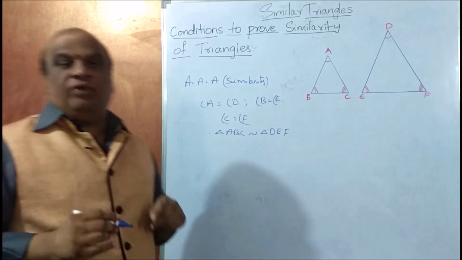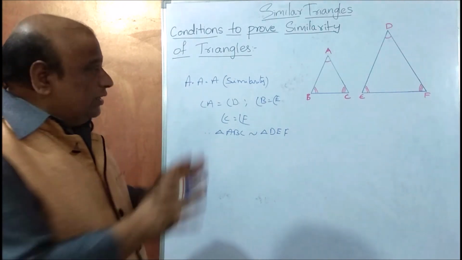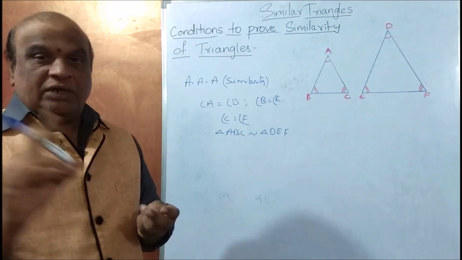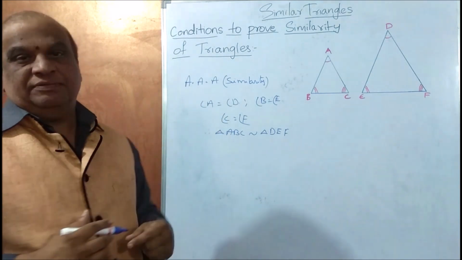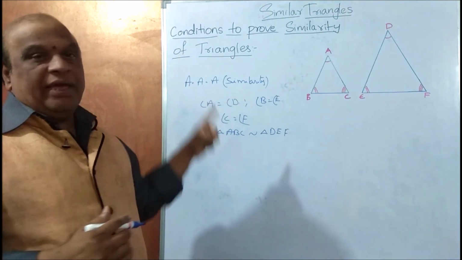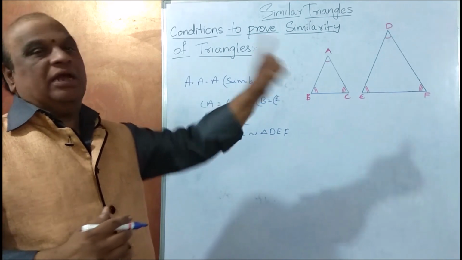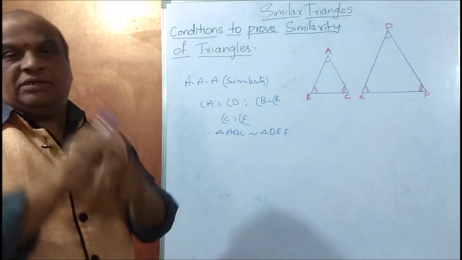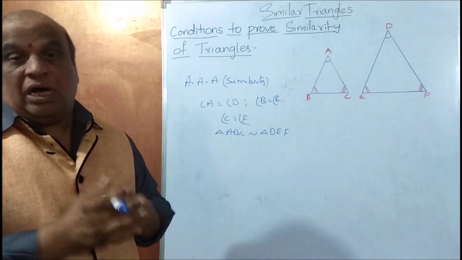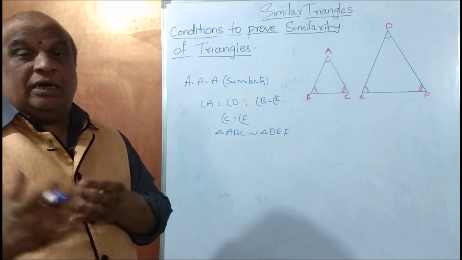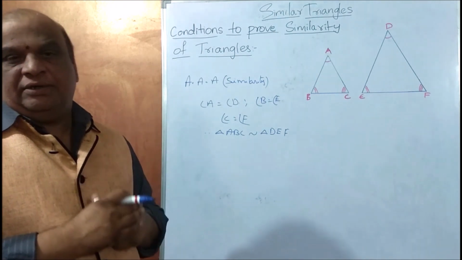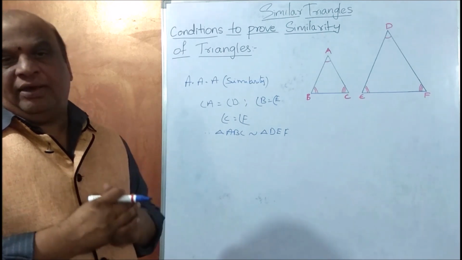Students, listen carefully. First of all, whether they have the same shape or not. This is the first one. After that, this is the first condition. So if corresponding angles are equal, then these two triangles are similar triangles. When we are checking these corresponding angles, automatically we can take the corresponding sides as proportional. We need not verify.